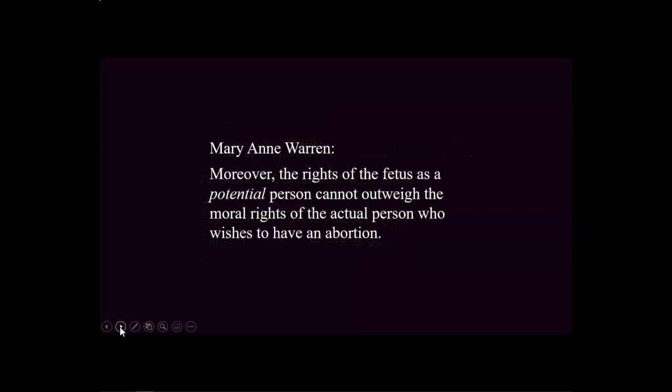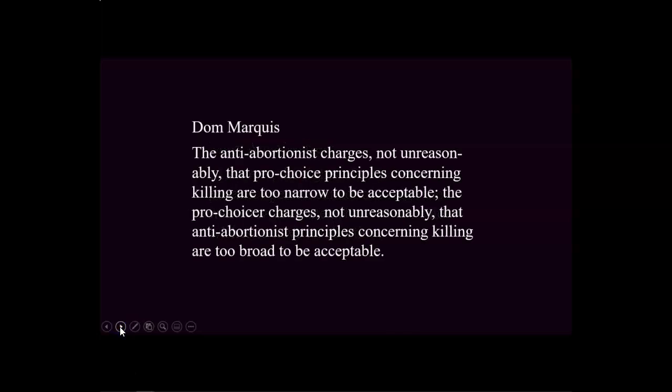She says, moreover, the rights of the fetus as a potential person cannot outweigh the moral rights of the actual person who wishes to have an abortion. So that's her argument, and so she's saying there's two kinds of humanity. One of them is genetic, and the other one is moral. And she's arguing that the moral should have precedence over the genetic.